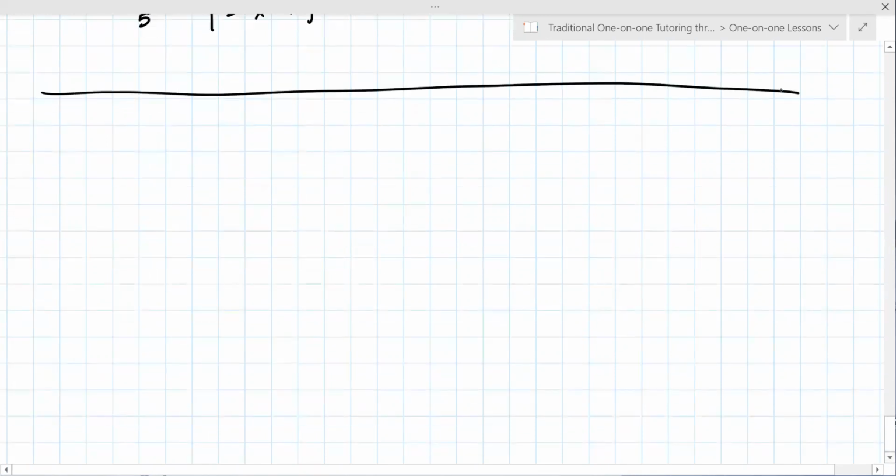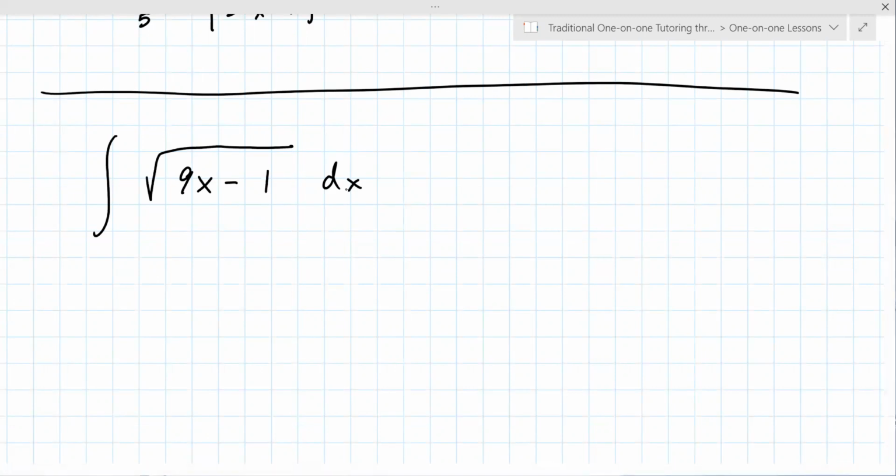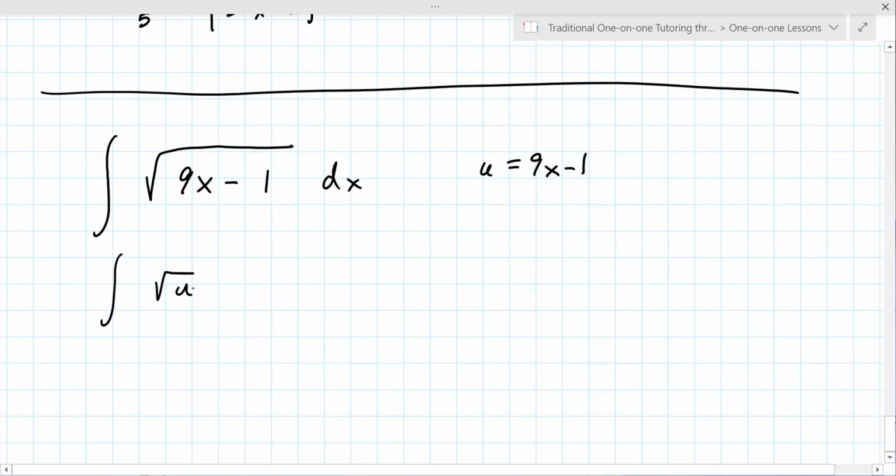Okay, let's try a little variation on this. Let's say I want you to find the integral of the square root of 9x minus 1 dx. If you let u equal 9x minus 1, this becomes the integral of the square root of u.